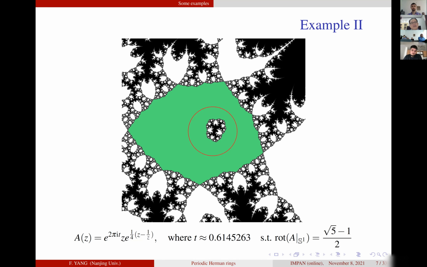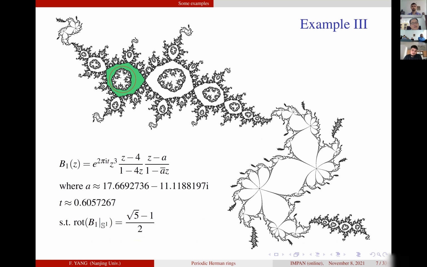And the third example is also a Blaschke product, of degree 5. Here we add the parameter a.